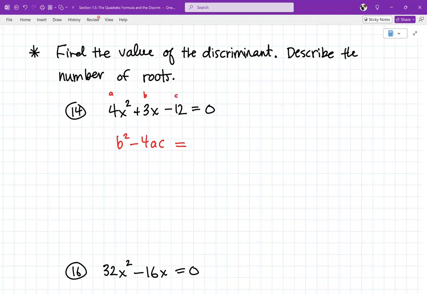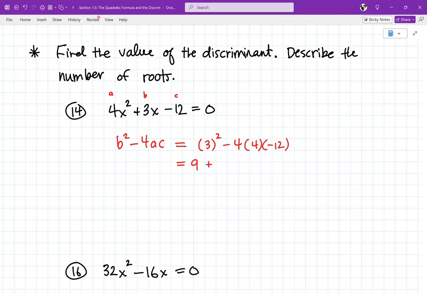So let's plug it in. B squared, that's going to be 3 squared minus 4 times A, which is 4, times C, which is negative 12. So let's see, 3 squared, that's 9. Negative 4 times 4 is negative 16, and negative 16 times 12 is more than 160. Anybody have that?